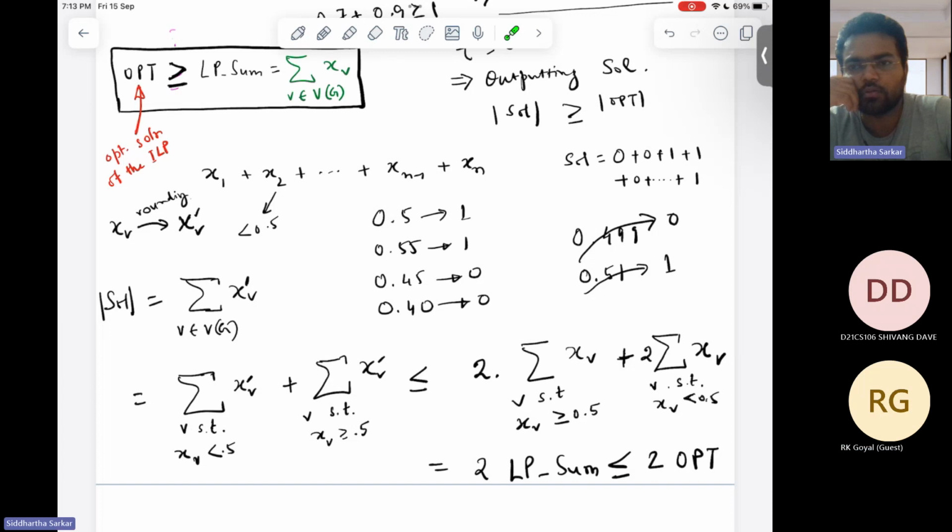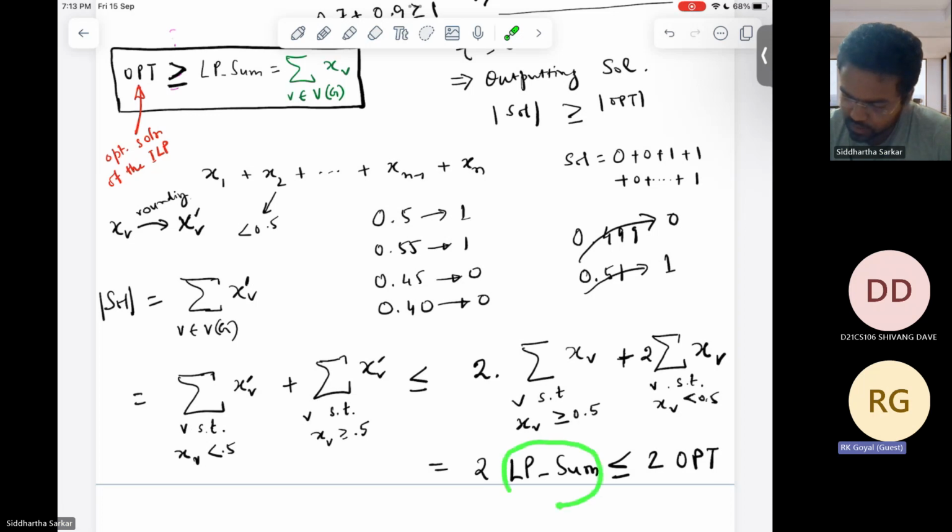So let's get back to our discussion. Is this written in reverse? Because the right hand side of this inequality is the LP sum, since here we have xv's everywhere. And on the left hand side, since we have the modified xv's, wouldn't it be the optimal value or something else? The right hand side refers to twice the LP sum.